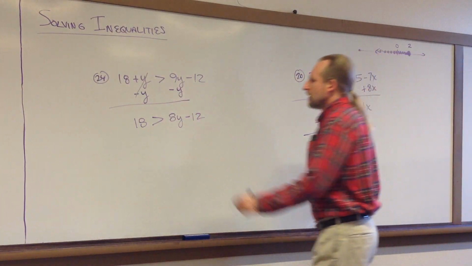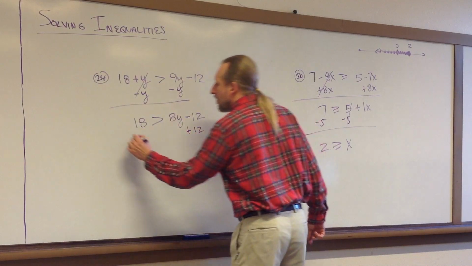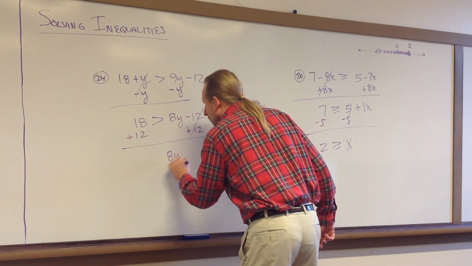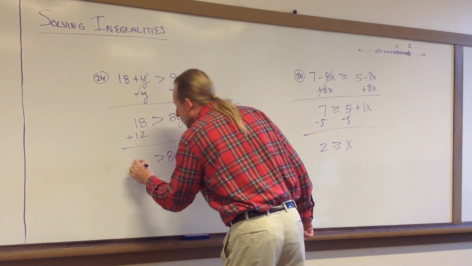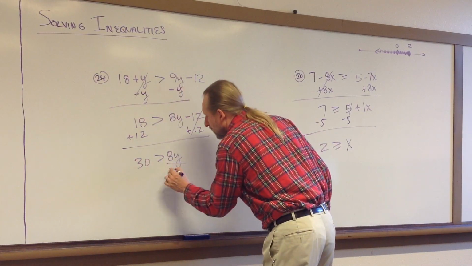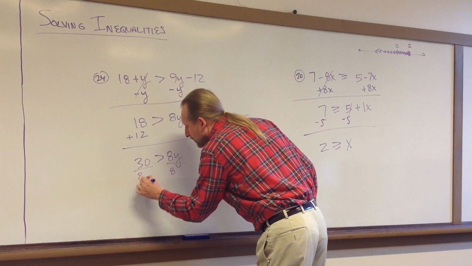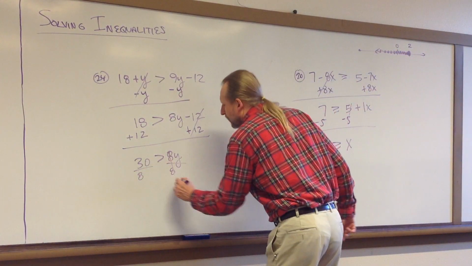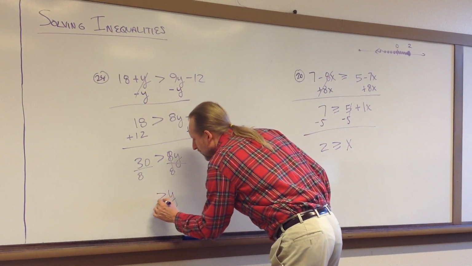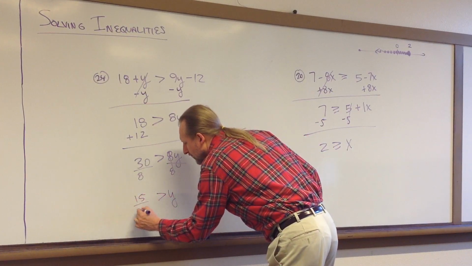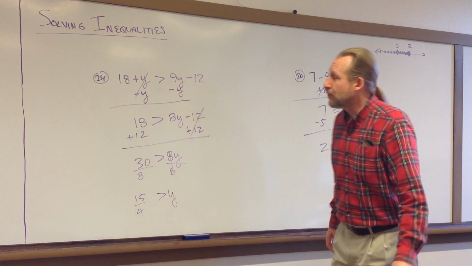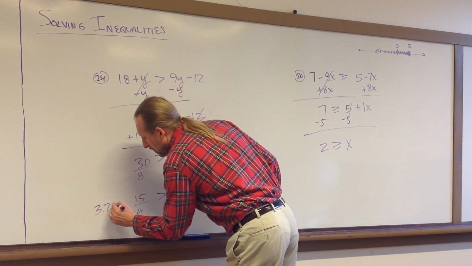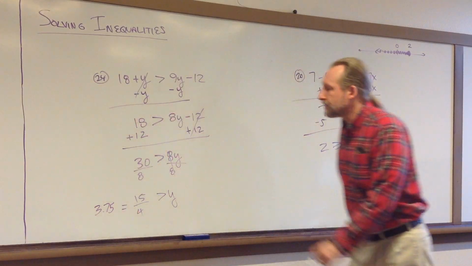So let's add 12. Then we'll have 8y, this will stay less than, and that'll be 30. Divide on both sides by 8, and what do we get there? 15 over 4, it looks like. You can do that on a calculator, and it looks like it'll be 3.75. Okay, 3 3/4.